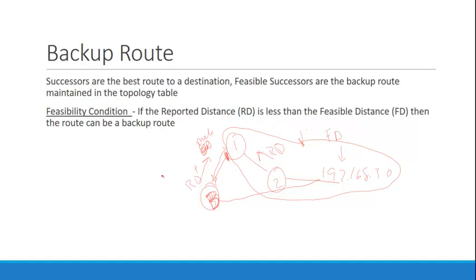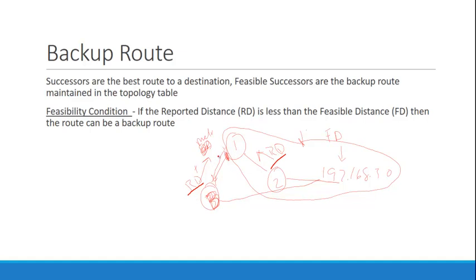And remember when I was just explaining it, I said the reported distance that R2 reports to R1 and the distance that R3 reports to R1 is the same. So this guy can become a backup route because its reported distance will be less than the total feasible distance.